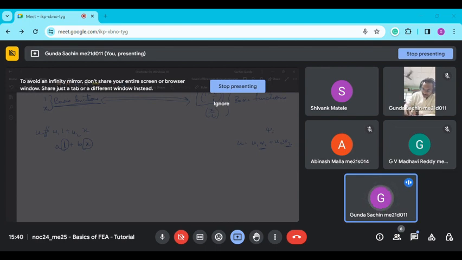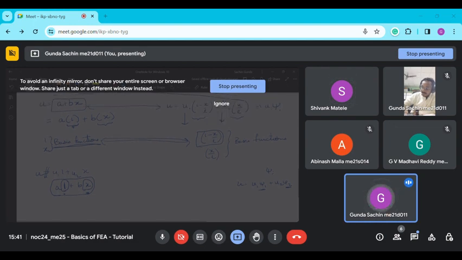Here, the linearly independent functions will be 1 and x in this case, and their linear combination is a plus bx. This is one way to get the linear function, and this is another way, just a different set of basis functions.